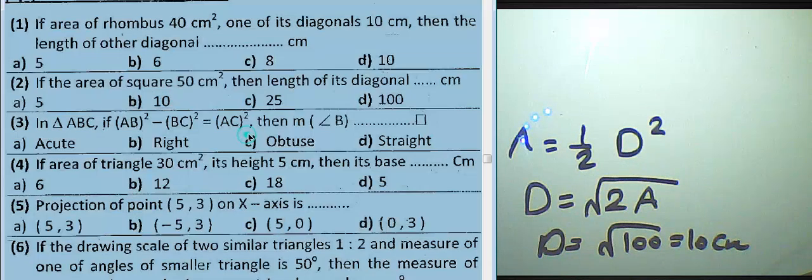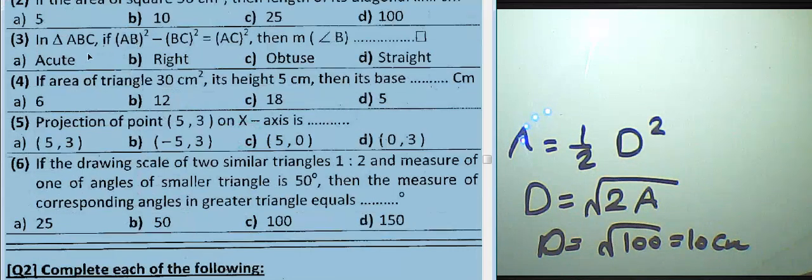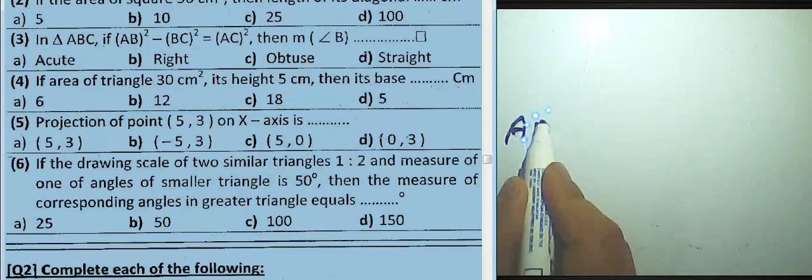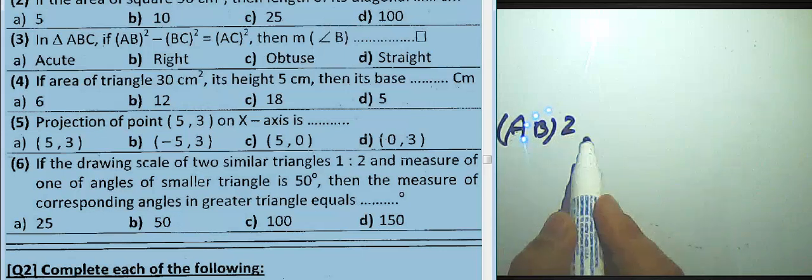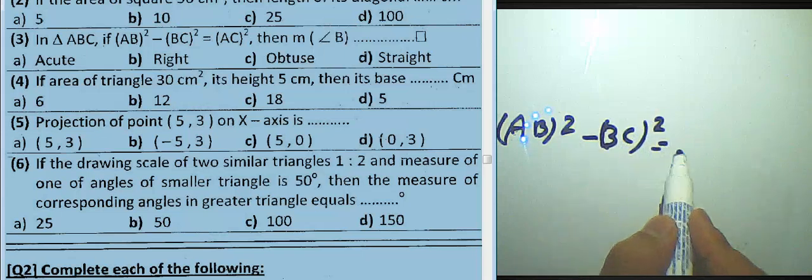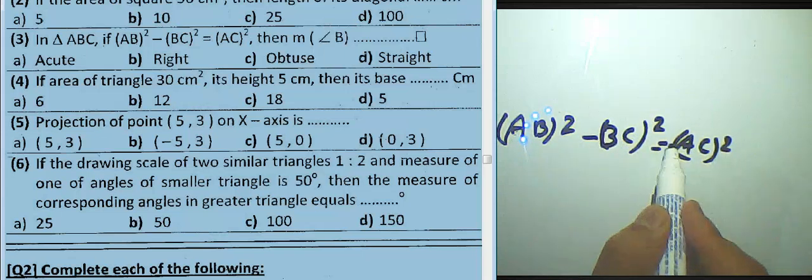Question number 3. In triangle ABC, if AB power 2 subtract BC power 2 equals AC power 2, the measure of angle B equals space. Look here at the hypotenuse in this triangle. You must get the hypotenuse. How? By using the Pythagoras theorem. We know AB power 2 subtract BC power 2 equals AC power 2.